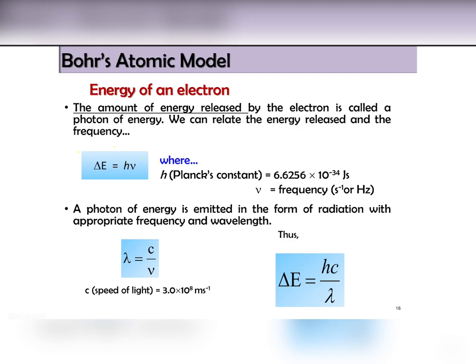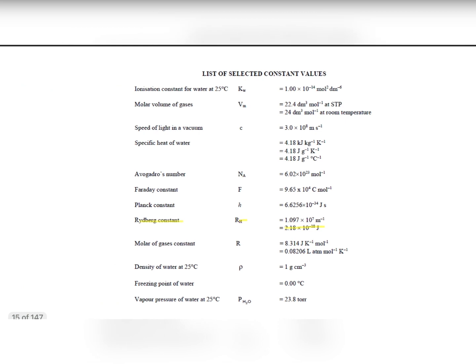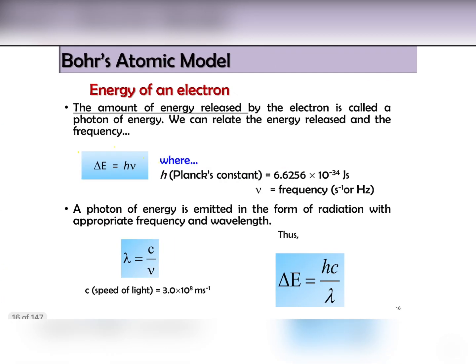Okay, so bila kita dah cari delta E, the relationship is delta E is equal to Planck constant H tadi times frequency. So the Planck constant is 6.6256 exponent negative 34 joule second. Okay, as we see here, Planck constant tadi sini. Okay, so always refer to your list of constant for the value lah.